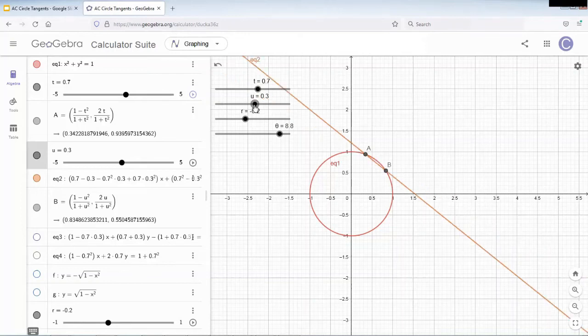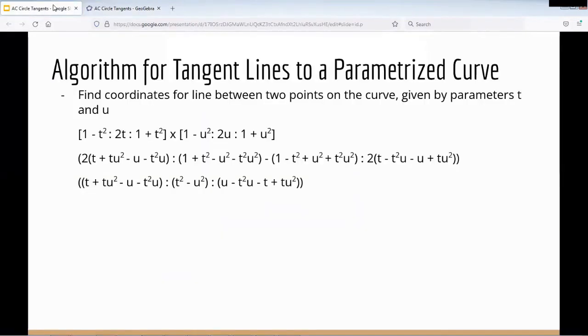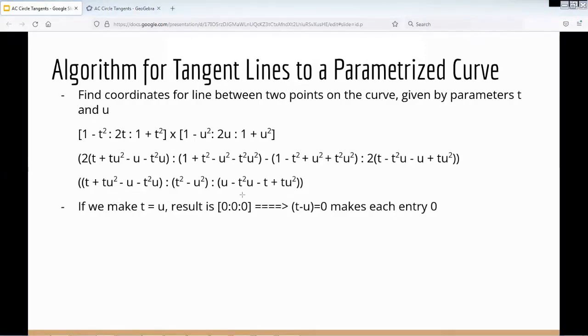You can see as they get closer and closer together, we're approaching what we would think of as a tangent line. Okay, but what happens when they come together? The line disappears. Why is that? Well, it's because we're getting 0, 0, 0 when t equals u. And remember, this is undefined for us.